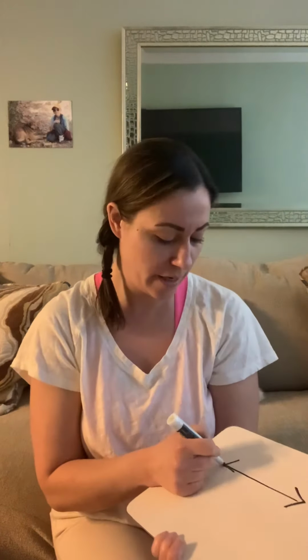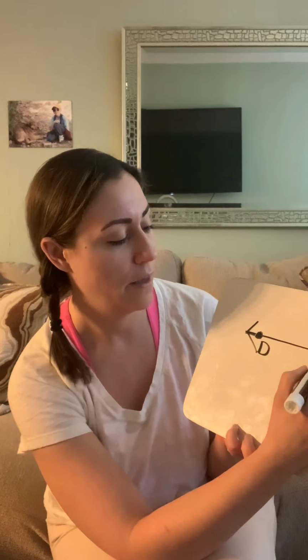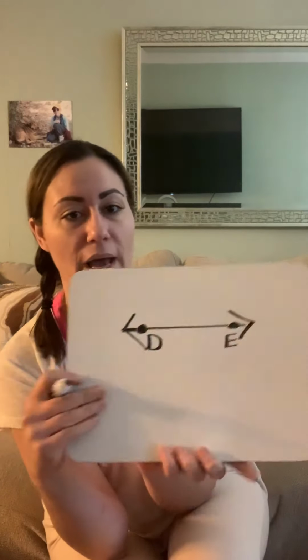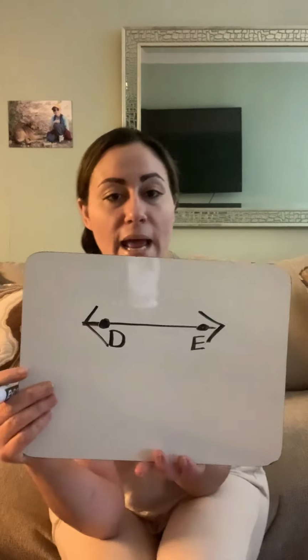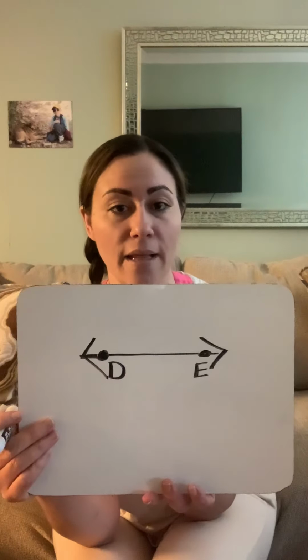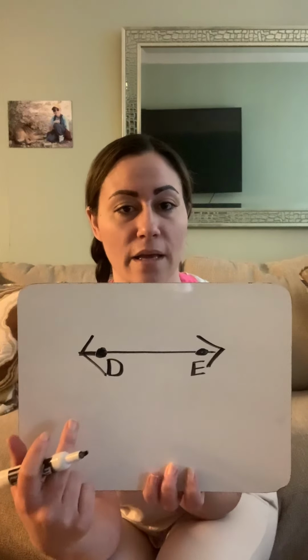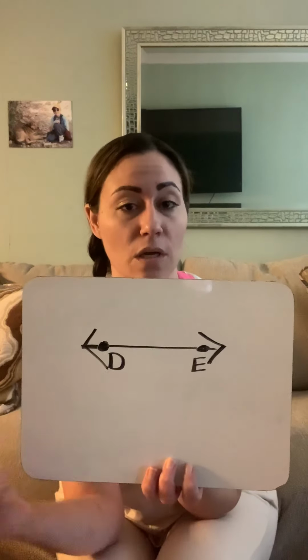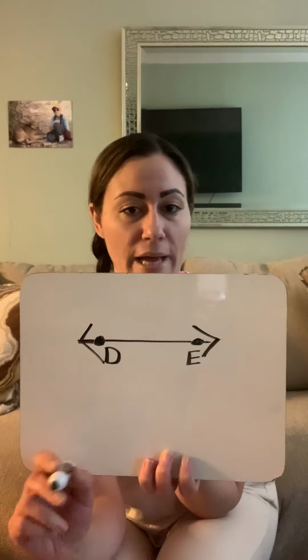Now let's practice the one that's a tad bit more tricky, but it should still be pretty easy once you get the hang of it. Right here, we have a line. I'm going to draw 2 points on this line, and I'm going to name them D and E. Okay? So I have points D and E. Now I'm going to name my line. I can use words, or I can use the diagrams.